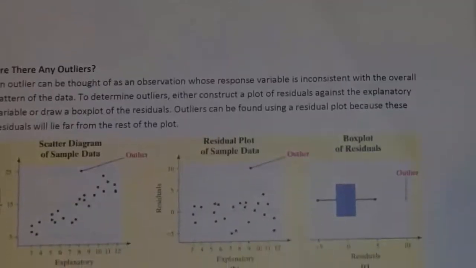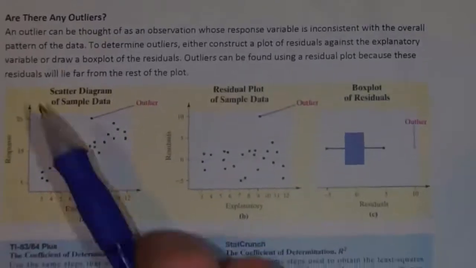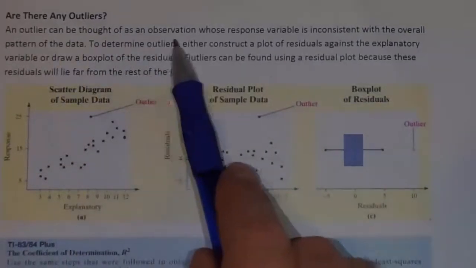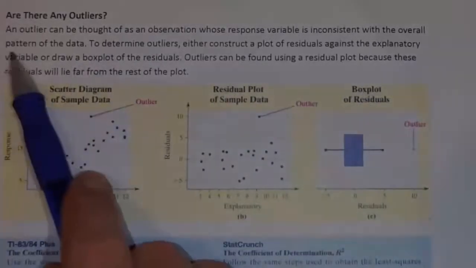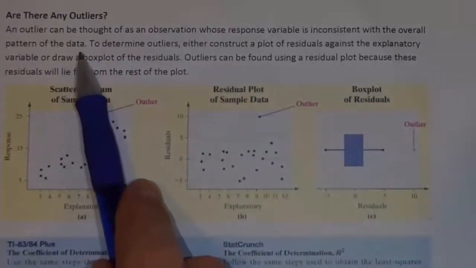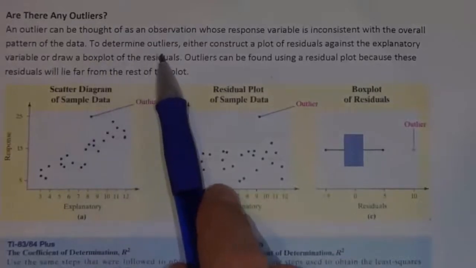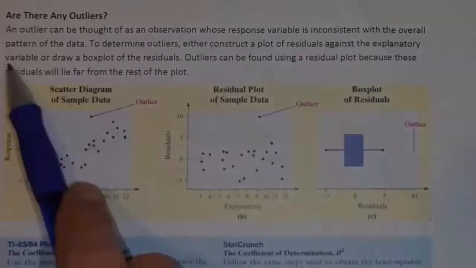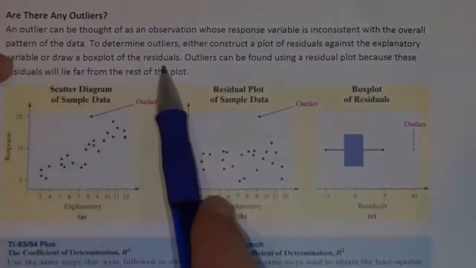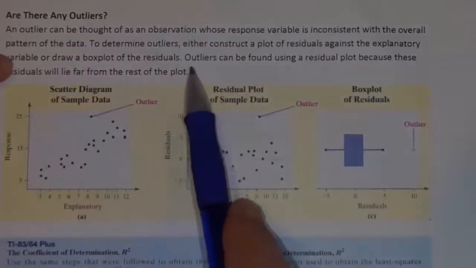Third, are there any outliers? An outlier can be thought of as an observation whose response variable is inconsistent with the overall pattern of the data. To determine outliers, either construct a plot of residuals against the explanatory variable or draw a box plot of the residuals.